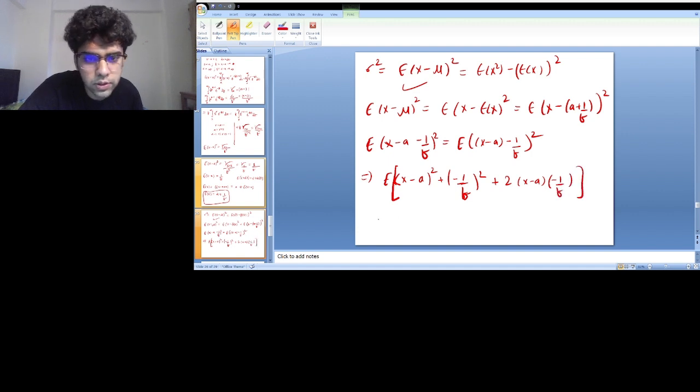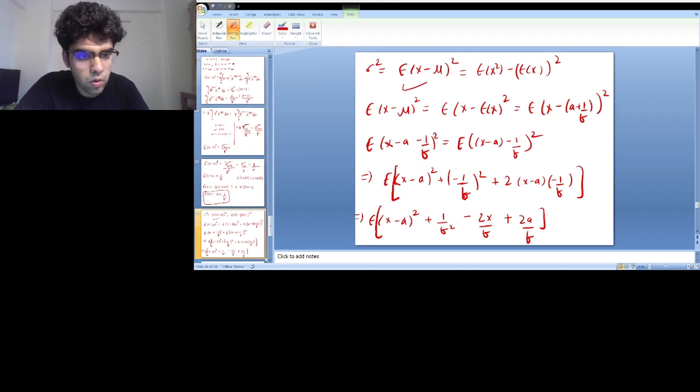Now this is 1 upon b square, and multiplying 2X and minus 1 upon b gives minus 2X upon b, and this is positive 2a upon b. So negative and negative gives me positive.